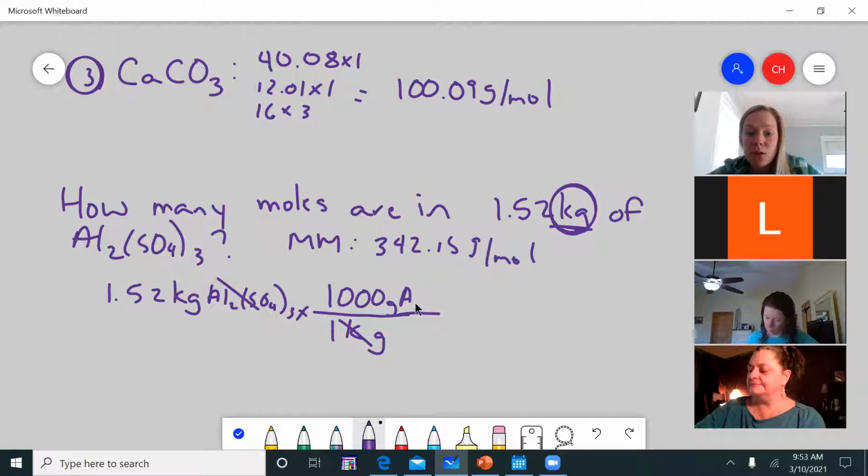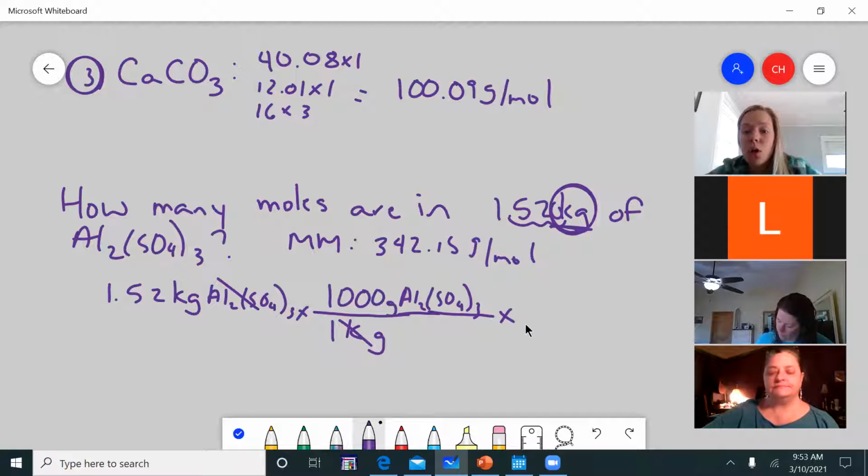This is specifically grams of Al2(SO4)3. Same thing as moving the decimal over 1, 2, 3 places. So it should be 1,520 grams.